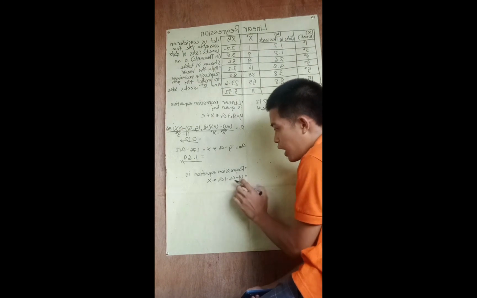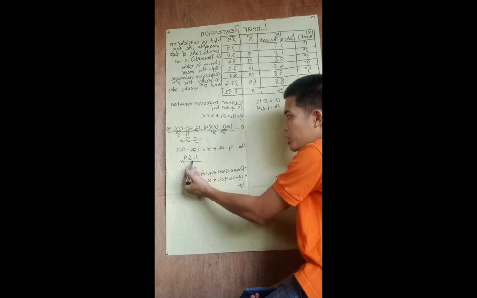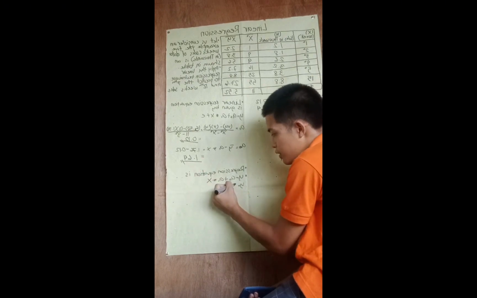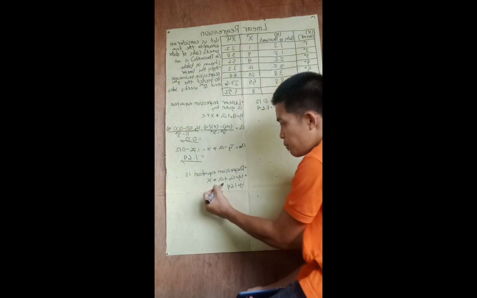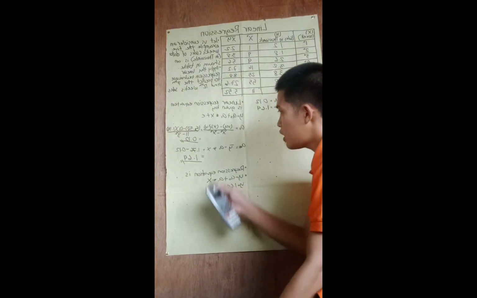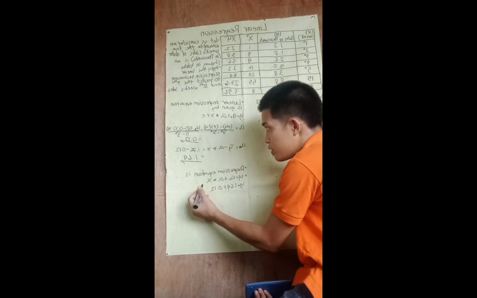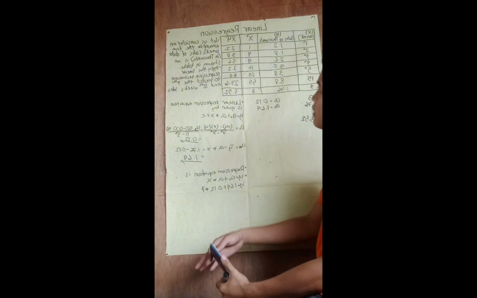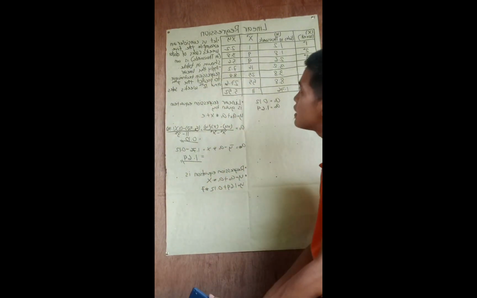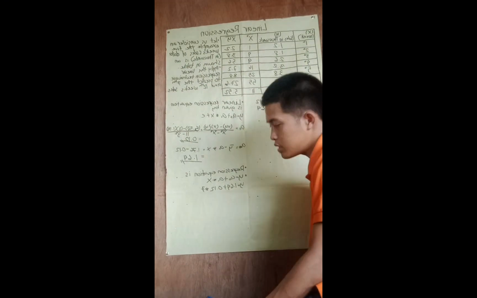Y is a0, which is 1.64, plus our a1, 0.12, times 7. 7 is to predict the 7 weeks of sales.